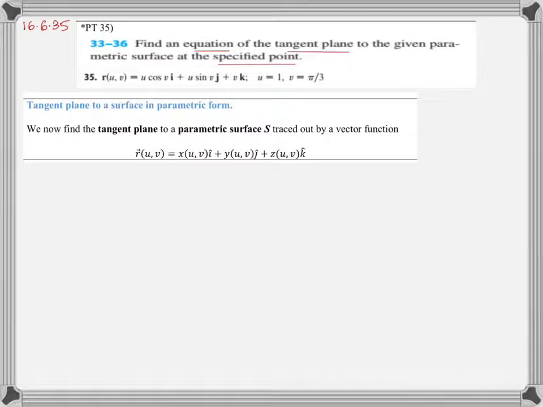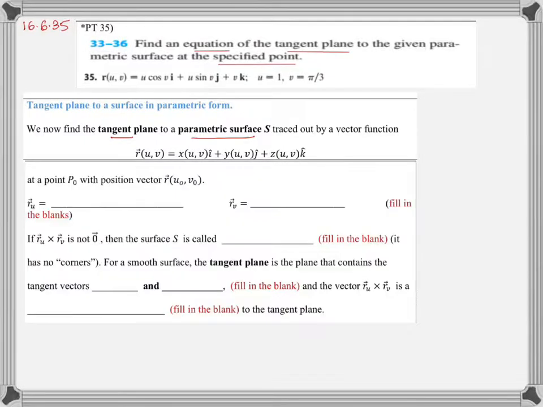Tangent plane to the surface in parametric form. We'll find the formula for the tangent plane to a parametric surface S, traced out by a vector function r(u,v), which is x(u,v) i + y(u,v) j + z(u,v) k, at a point P0 with a position vector r(u0,v0).